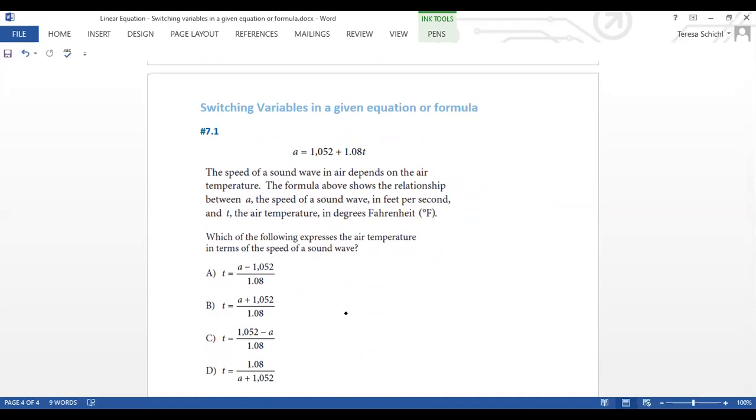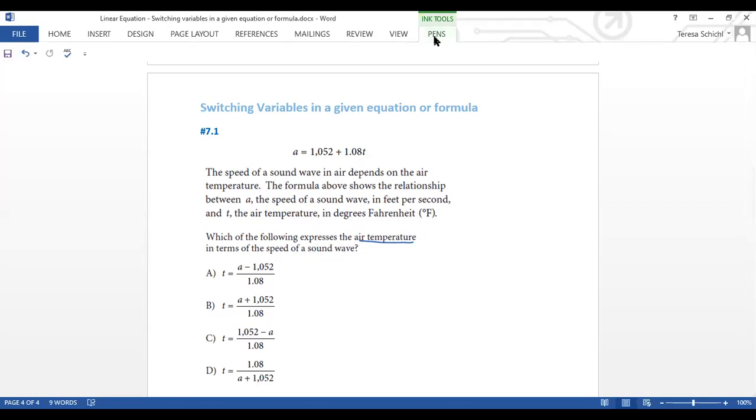The formula above is a relation where a is the speed of the sound wave in feet per second, and t is the temperature in degrees Fahrenheit, right? Now let's try to be careful. Read. They say, which of the following expresses the air temperature in terms of the sound wave speed?